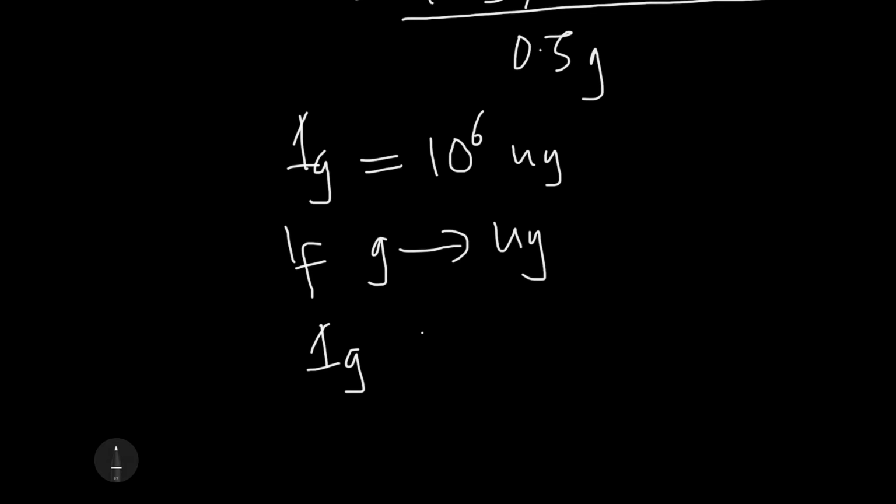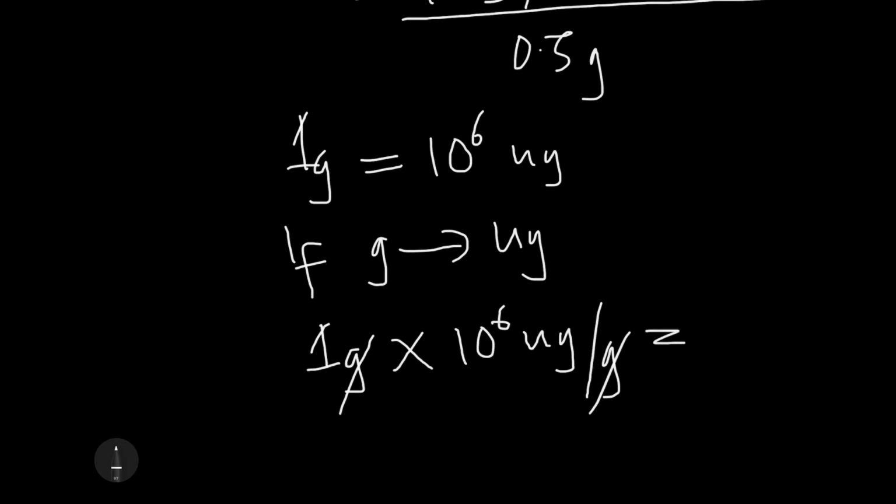What you can simply do is multiply the value in grams by 1 million micrograms per gram, so that gram and gram cancel. Then you're going to have 10 to the power 6 micrograms.